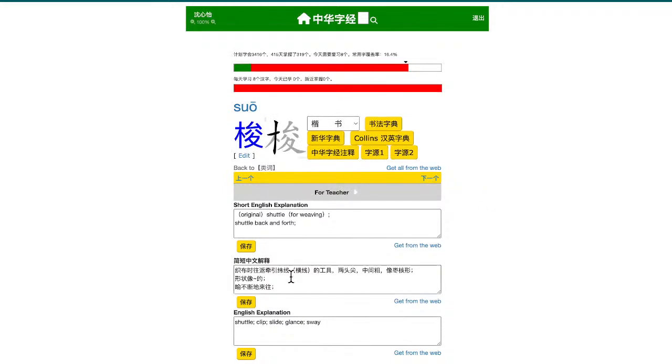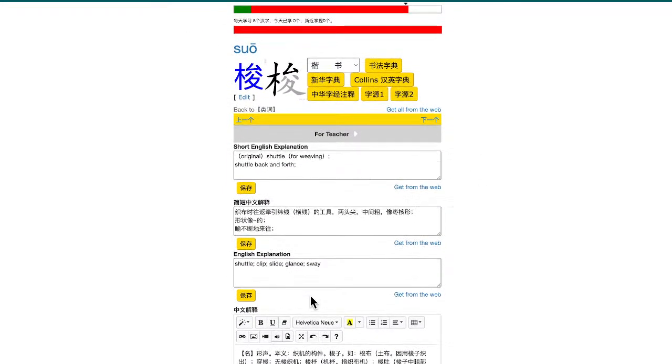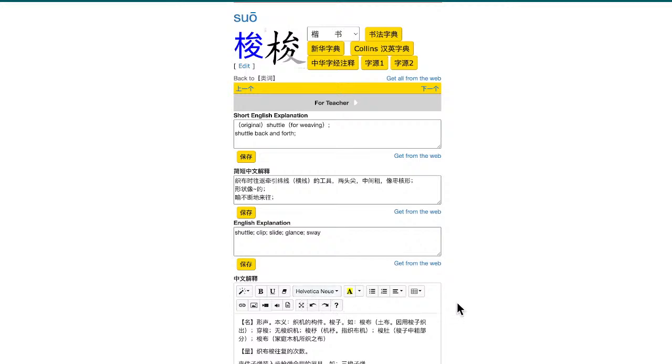Next one, 梭. Originally this means the shuttle for weaving.